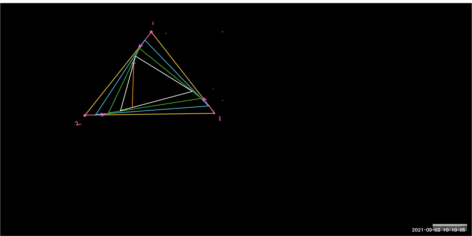Again you can keep on doing this and keep on drawing. Eventually, because of symmetry, all three particles will collide at the center, theoretically.